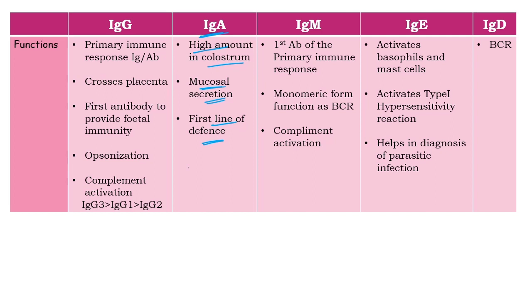For example, it is found in tears, saliva, gastrointestinal secretion, and body sweat. That is why it forms a first line of defense. It is the first immunoglobulin that takes care of our body whenever an antigen is trying to enter.